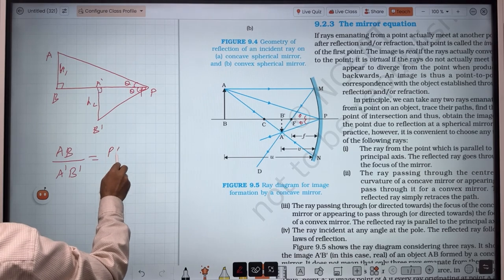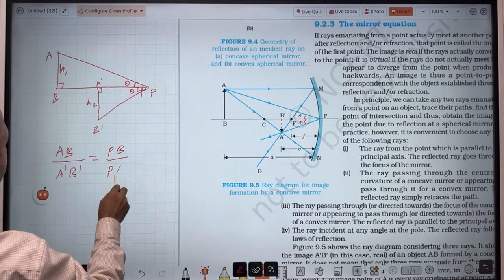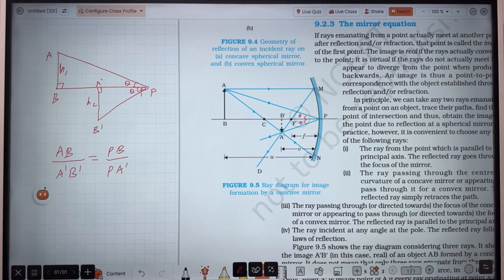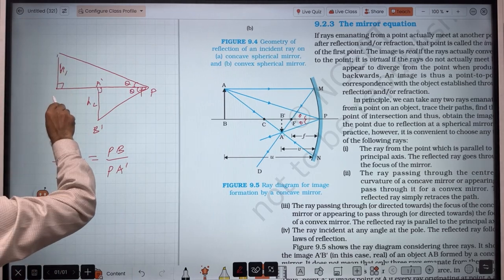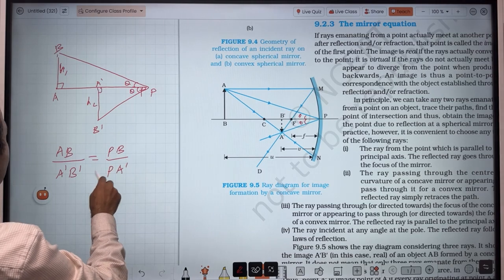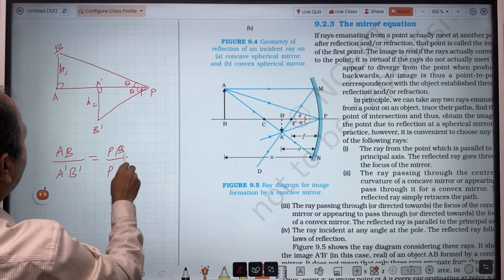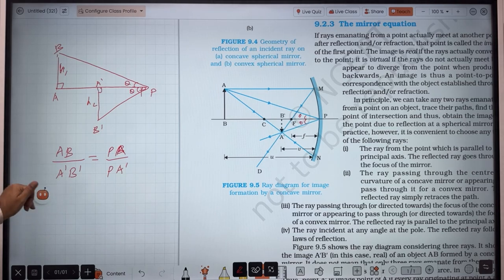This point is P, so PB divided by PA dash. Here we can write AB, that will be better to avoid confusion. This is A, this is B, so in place of PB, we should write PA. Correct? Up to here, there is no doubt.